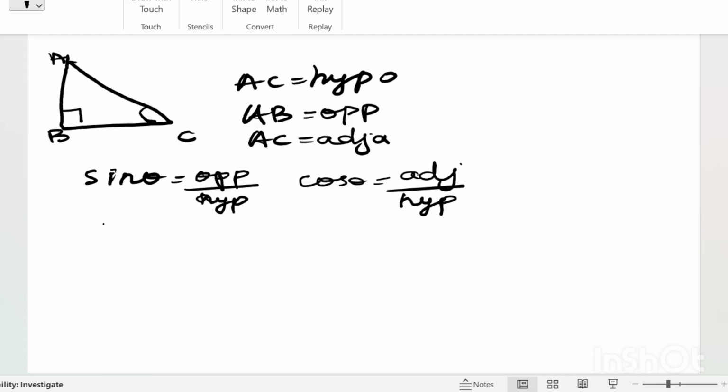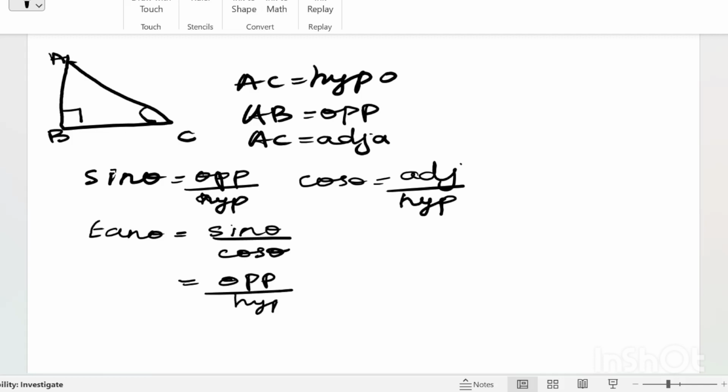Now what will tan theta be? So tan theta is actually equal to sine theta divided by cos theta. Okay, this is the formula of tan theta. So now tell me, sine theta is opposite divided by hypotenuse, and cos theta is adjacent divided by hypotenuse.